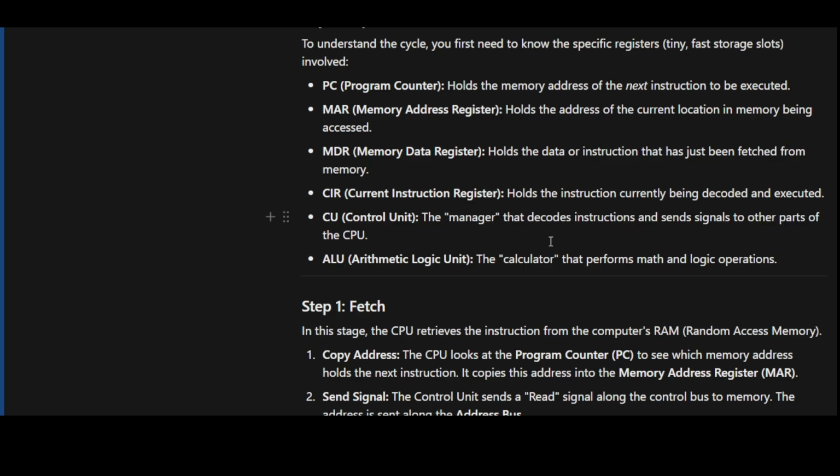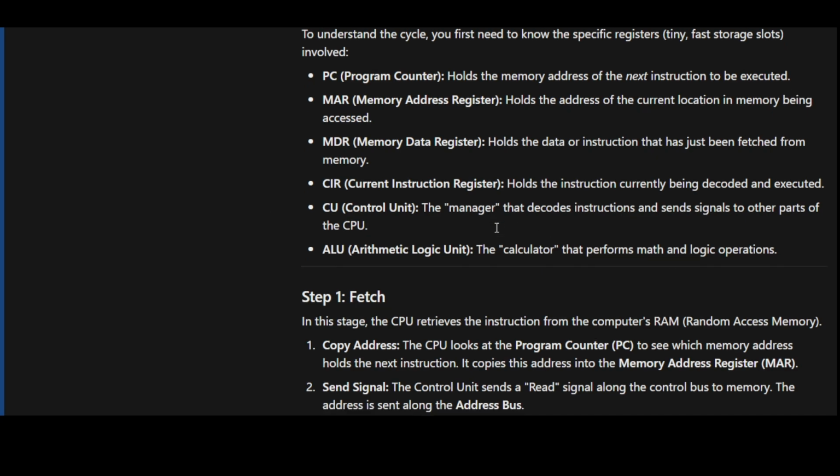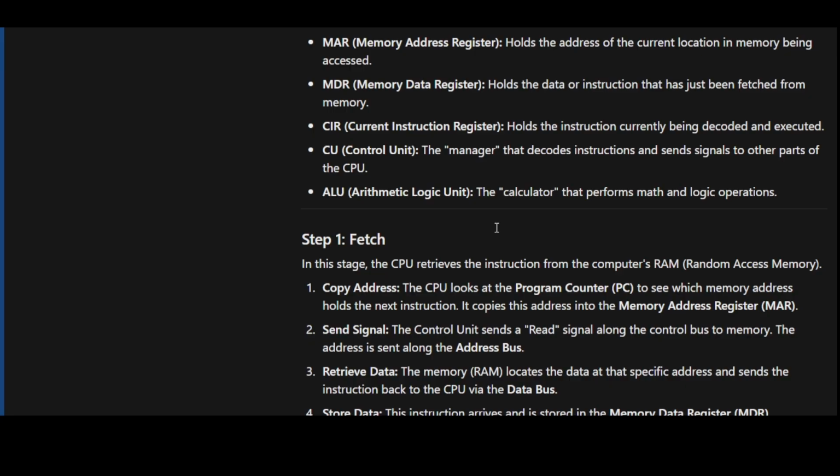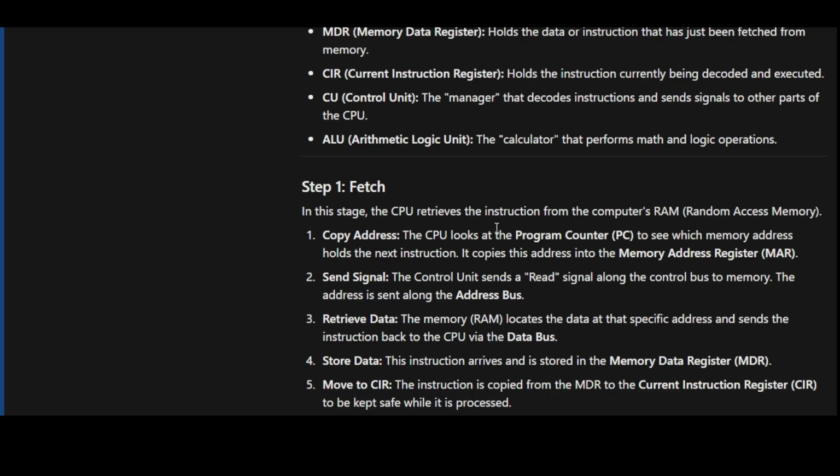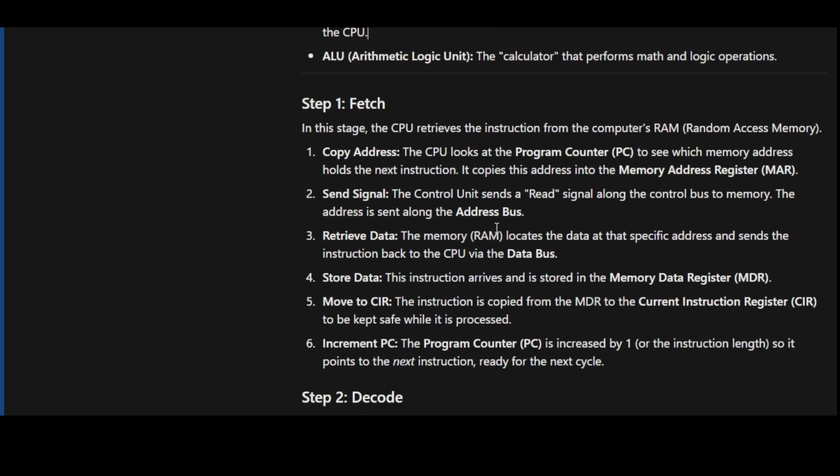And the control unit is the boss. It maintains the orchestration, so it controls all the units, the PC, MAR, etc. It is the unit that controls everything else, and ALU is the unit that is responsible for the calculations.